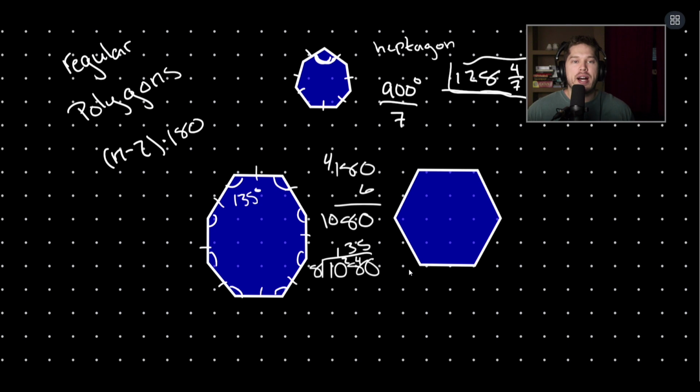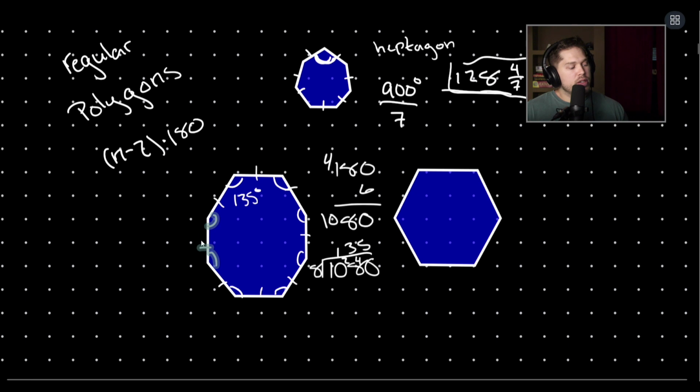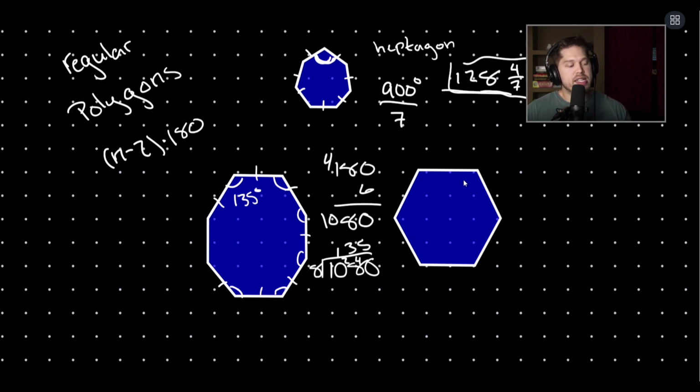Lastly, I want to talk about exterior angles. What is the exterior measurement for one of these polygons? Well, let's go over to this hexagon. Again, we know the hexagon to have a total interior measurement of 720 degrees.